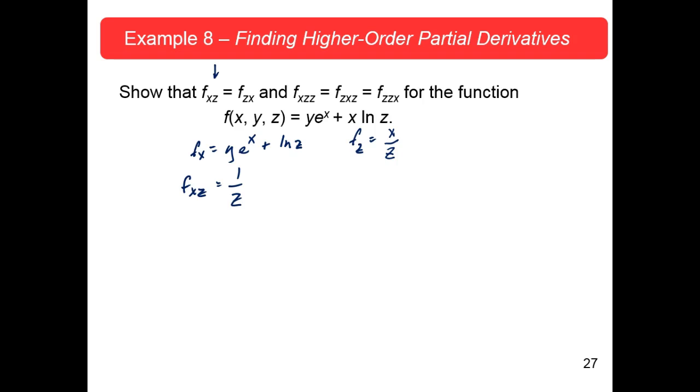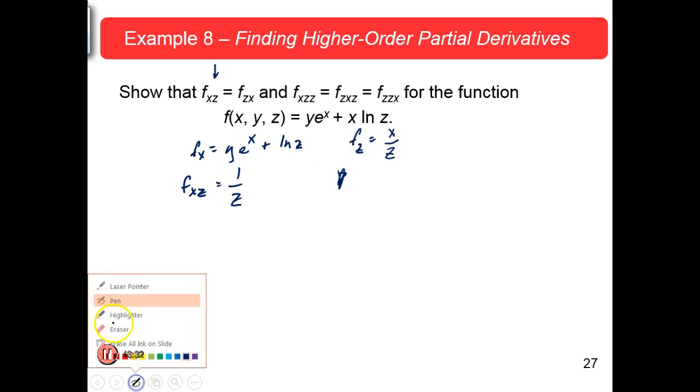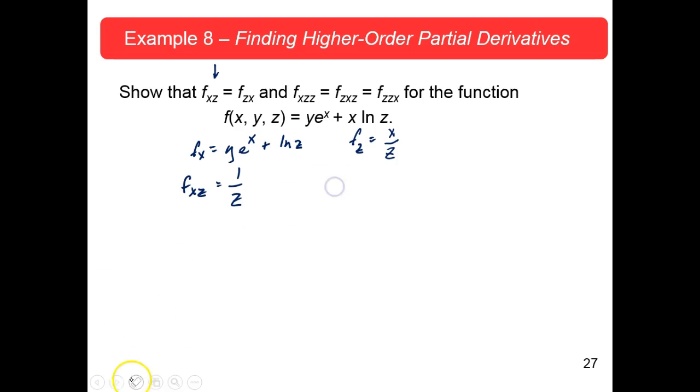Okay, f sub zx. So the partial of that with respect to x. 1 over z. You're absolutely right.